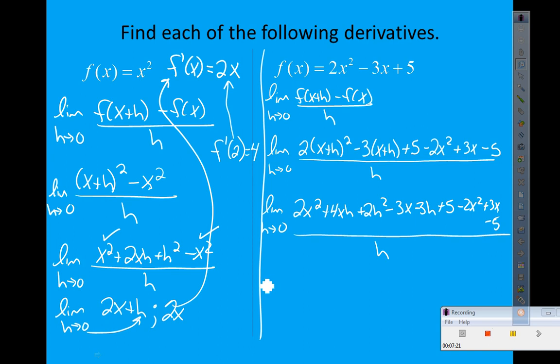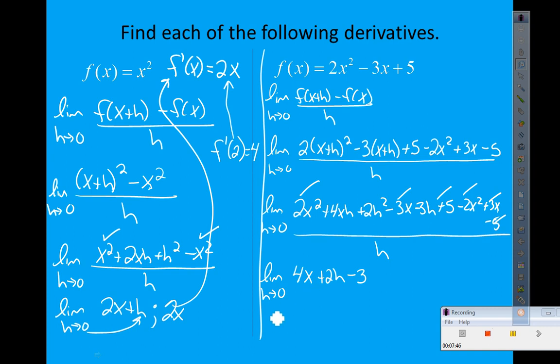If you've done a good job to this point, if it doesn't have an h in it, it should cancel out. So that and that, that and that, that and that are all out of there. Now I'm going to take an h out of each term that remains, so I've got 4x plus 2h minus 3. So that's what I've got so far.